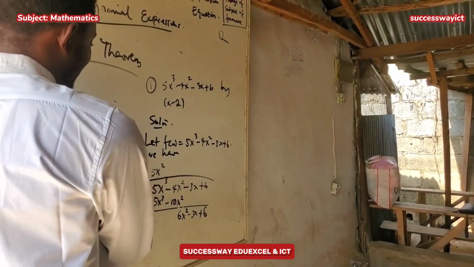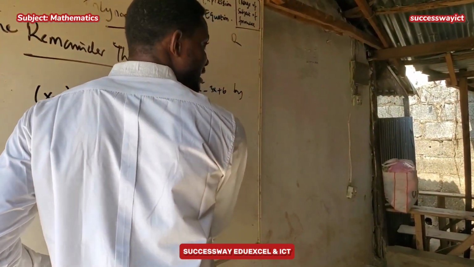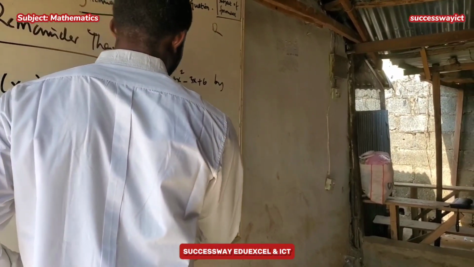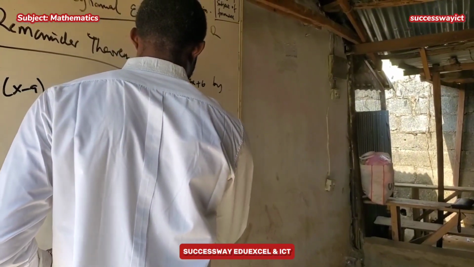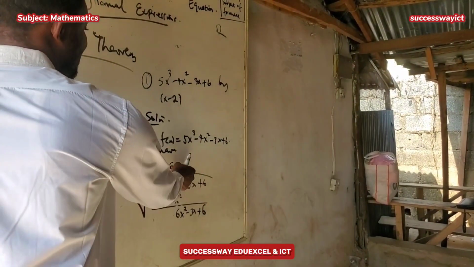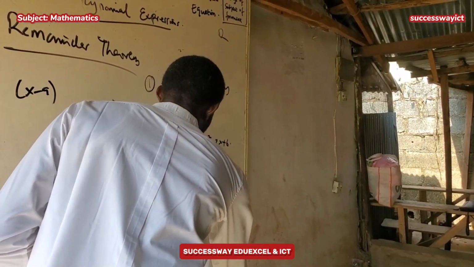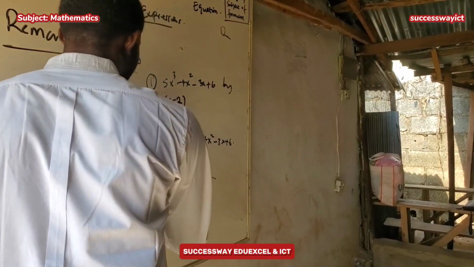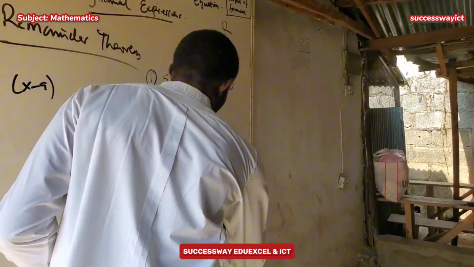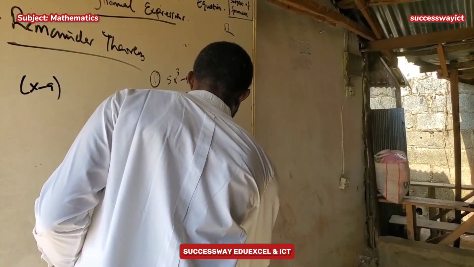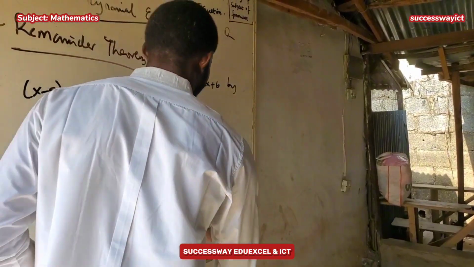You now come here again. x divided into 6x squared, you have 6x. 6x times x is 6x squared. 6x times minus 2 is minus 12x.